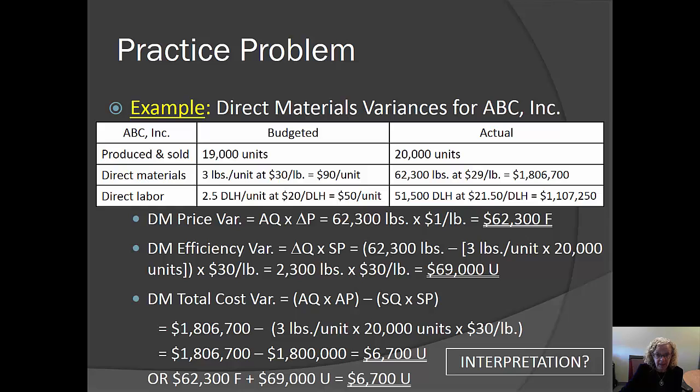Alternatively, it may mean that our purchasing department did not shop well. In their efforts to save $1 per pound on the materials, they ended up forcing the production department to use significantly more materials because the quality was substandard.